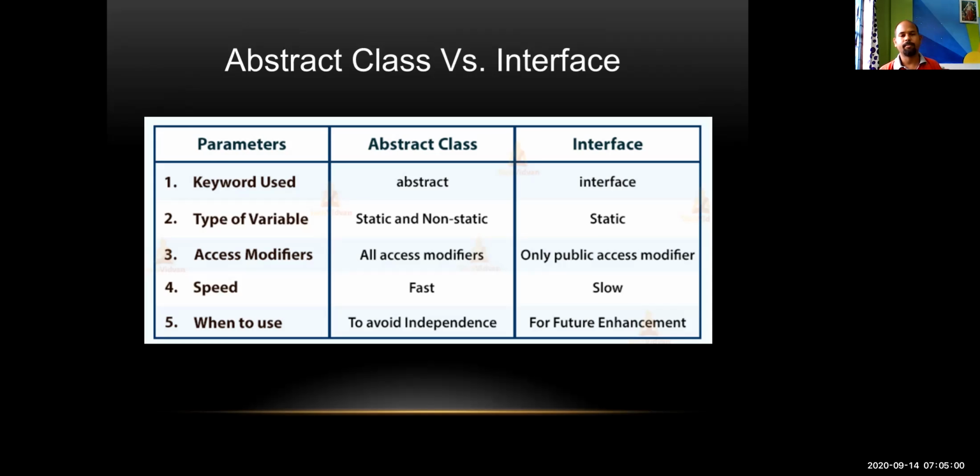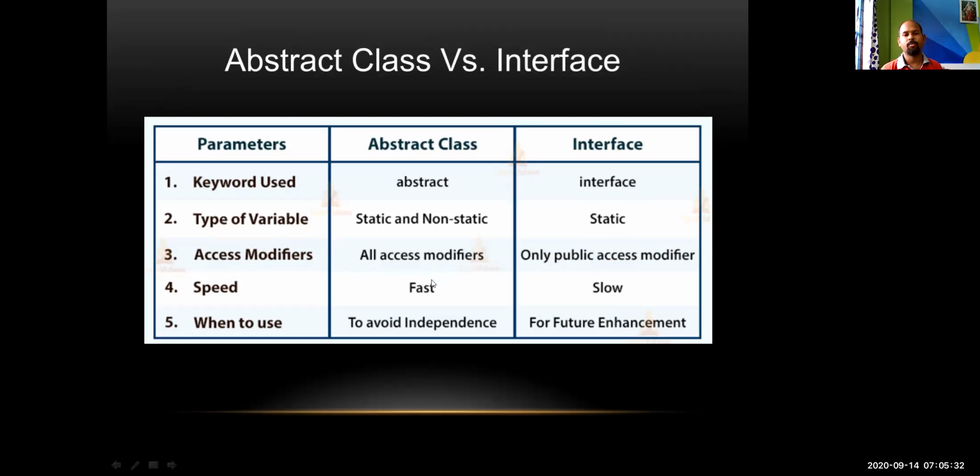So that's why this comparison slide is also important for you. Here you can see for abstract class the keyword used is abstract, and when interface is used, it will automatically become an interface. Type of variable: static and non-static variables can be used in an abstract class, and in an interface, only static variables will be used.